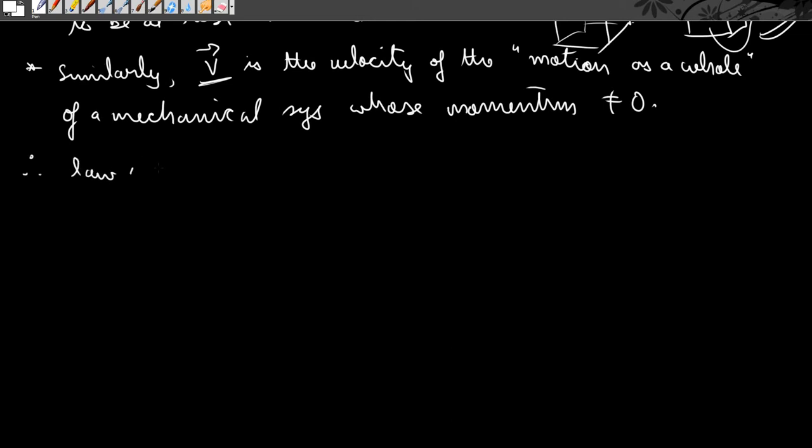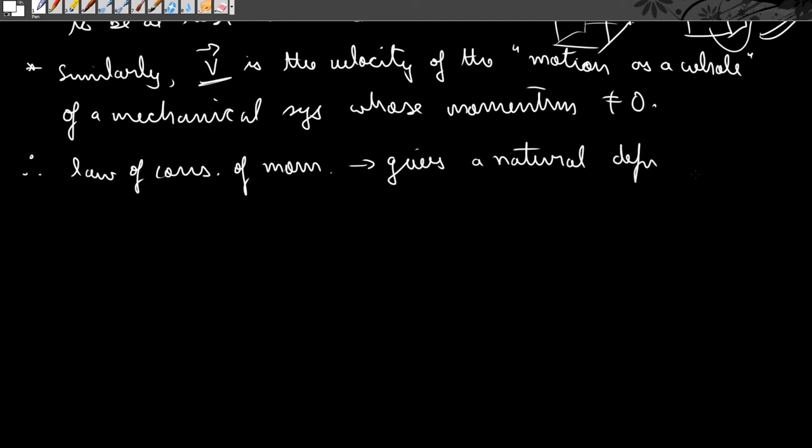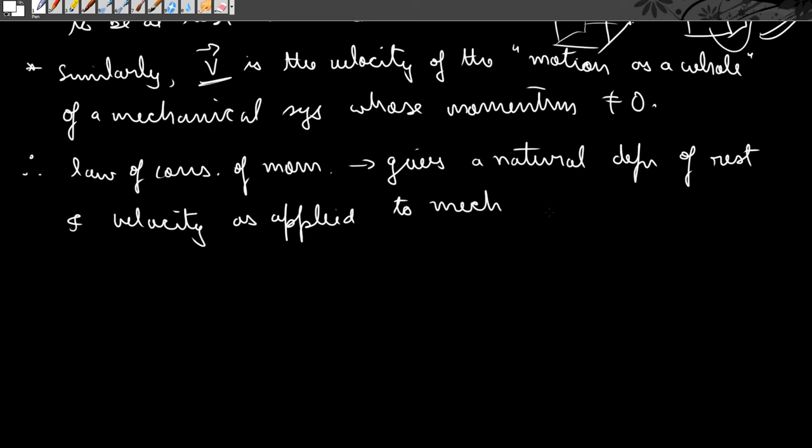Therefore, law of conservation of momentum, okay, this gives a natural definition of rest and velocity as applied to mechanical systems as a whole. So what does the law of conservation of momentum say?